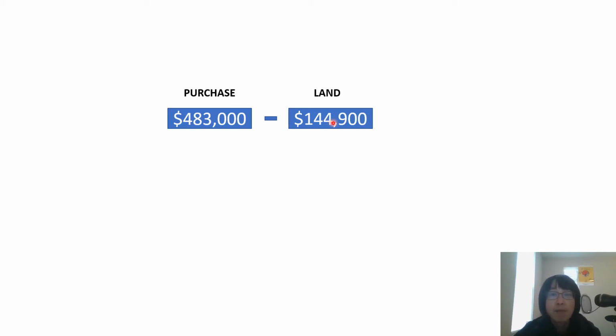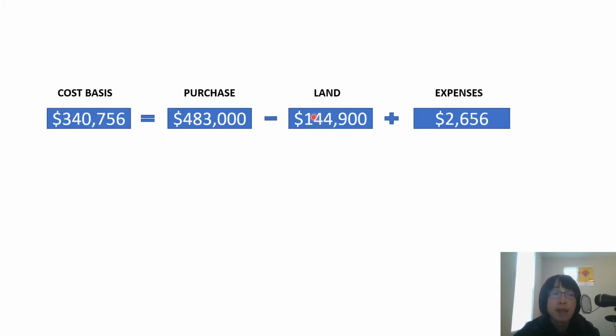In the meantime, if you are making this purchase, you must have paid a few extra dollars on your title. Maybe you pay a few extra dollars to the county, and you can add it back here. And with these three numbers, you end up getting this number, and this is going to be the cost basis for your rental property. Once we have the cost basis, things will be much easier.